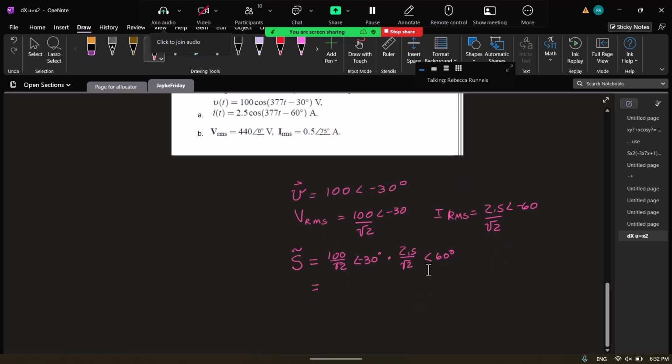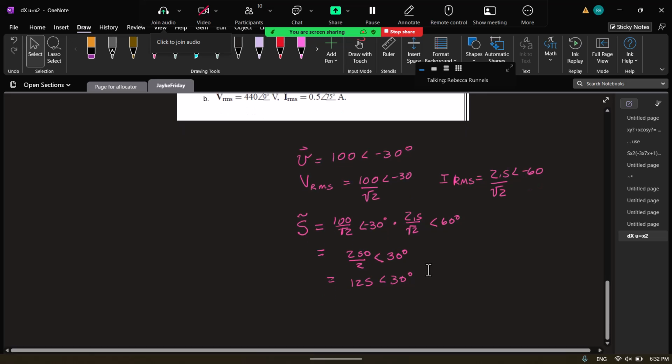And so when we multiply these, I will get 250 over 2 angle 30, which is 125 angle 30 degrees.